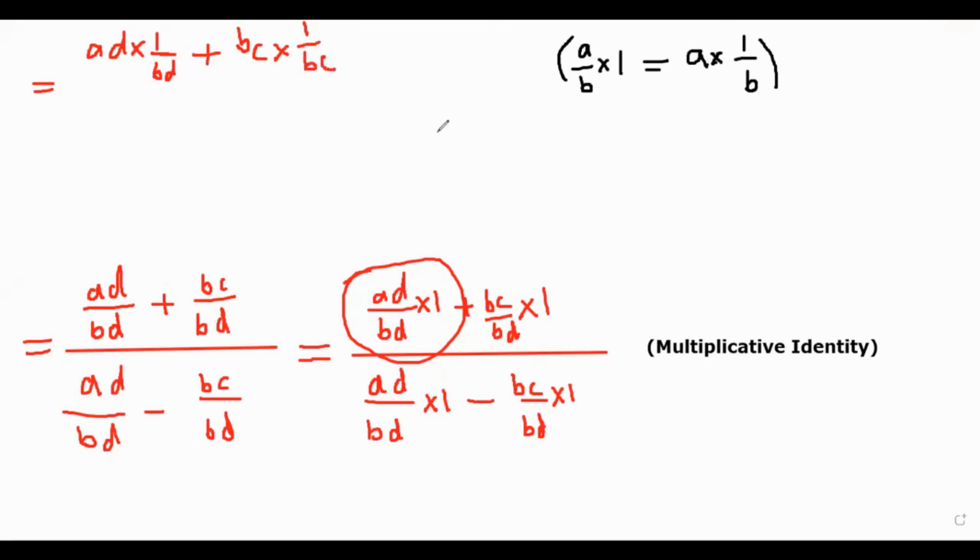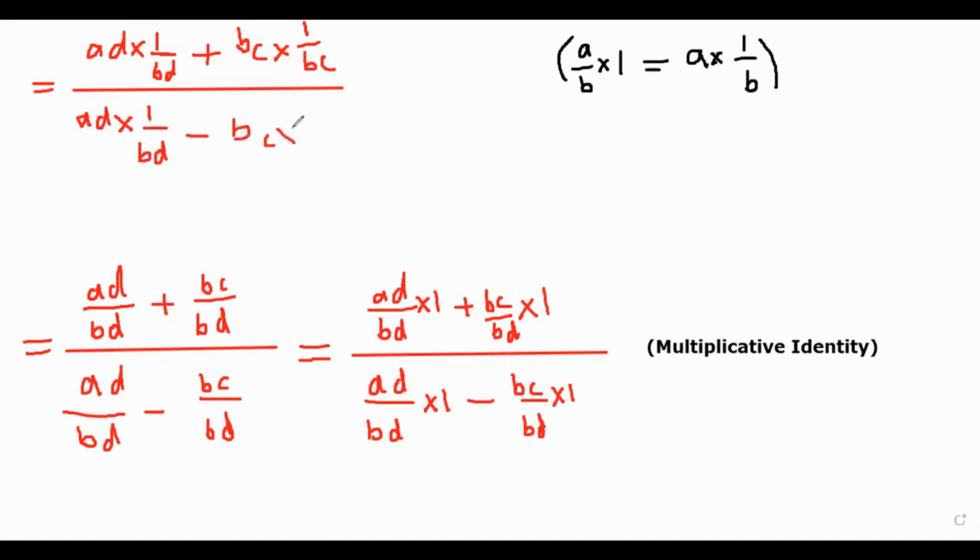On a similar basis, for the denominator, we'll be writing AD multiplied by 1 by BD minus BC multiplied by 1 by BD.